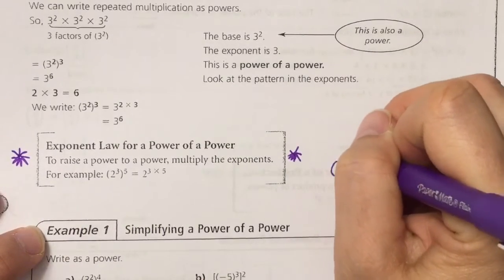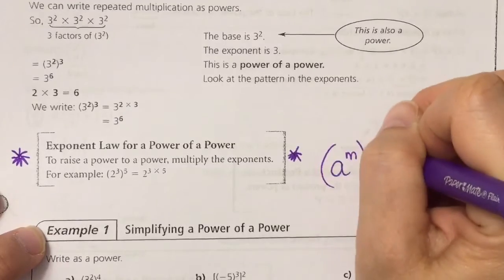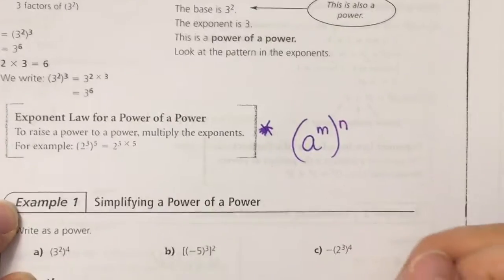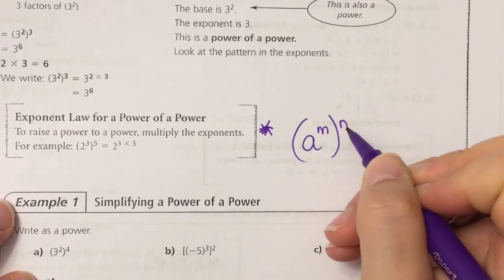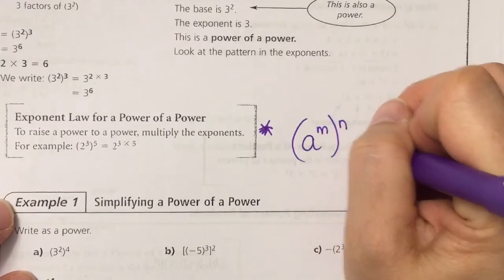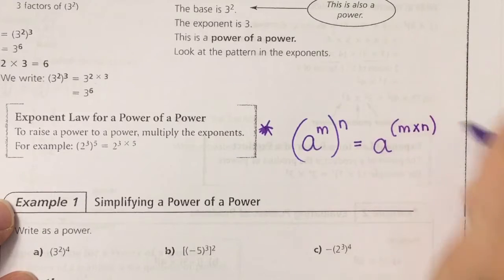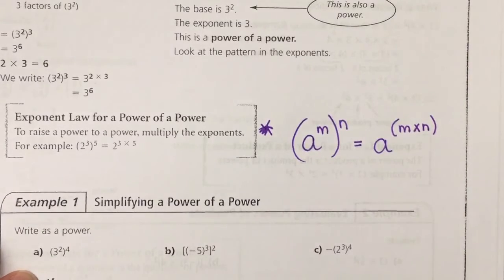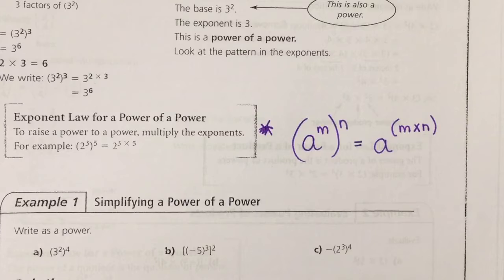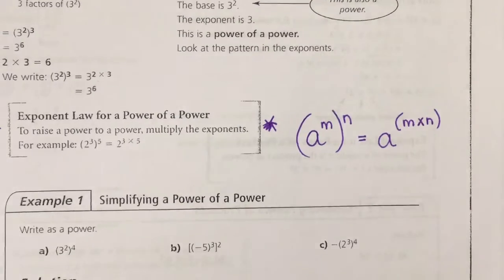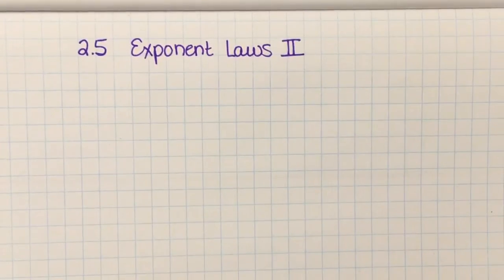So if we have a to the m, and that whole thing is being raised to the power n, okay, whatever m and n are, is the same thing as saying a to the m times n. Okay, right on. So let's give this a try. Here's my page.